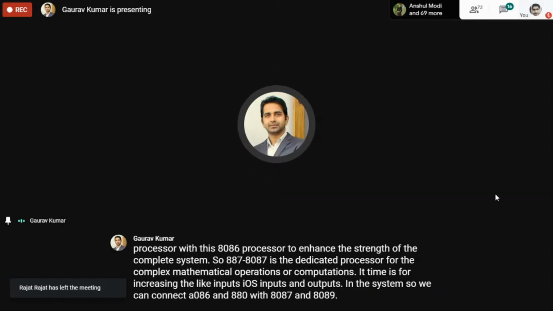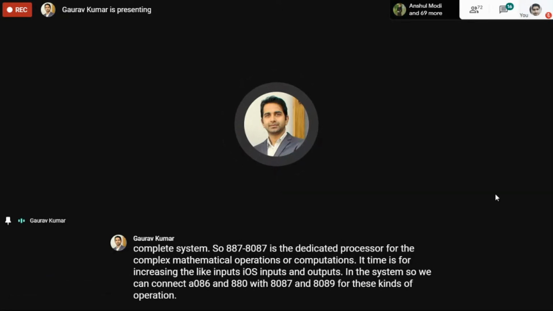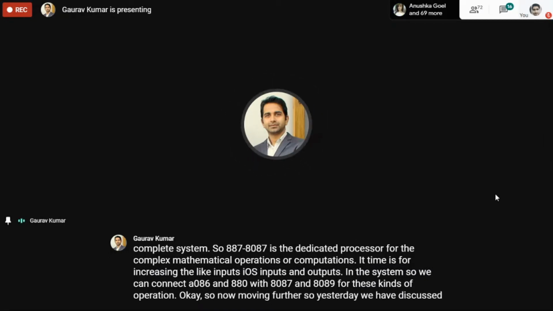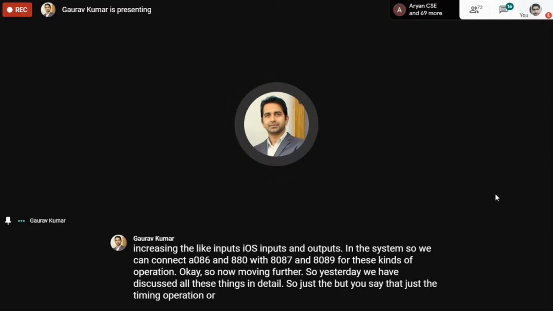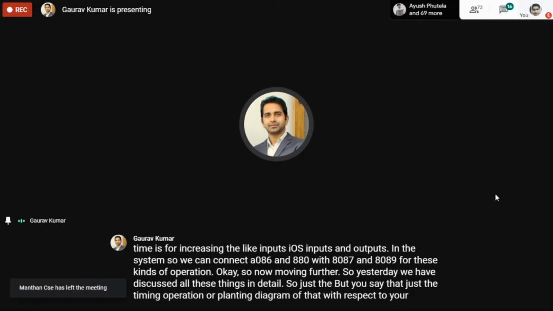Okay. So now moving further, yesterday we have discussed all these things in detail. So just the timing operation or timing diagram with respect to your 8086 maximum mode. Do you want to ask anything up till now?